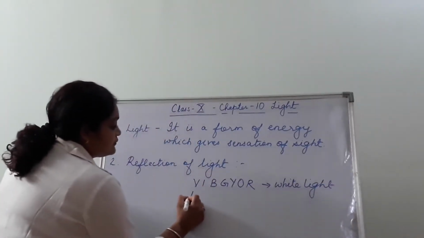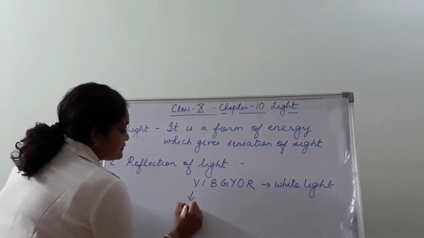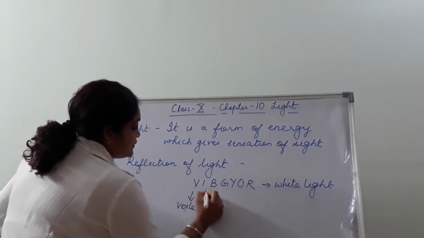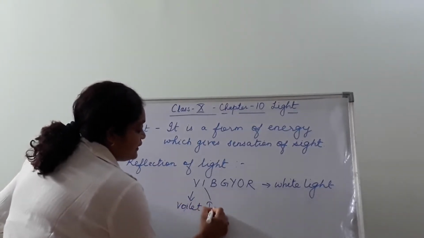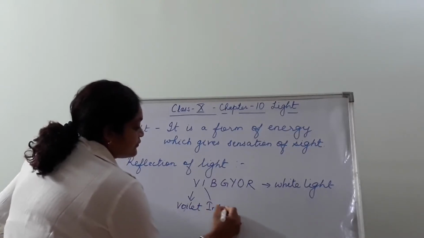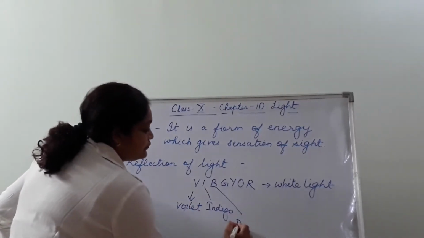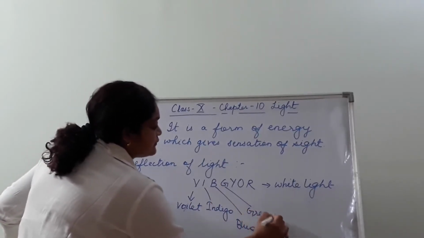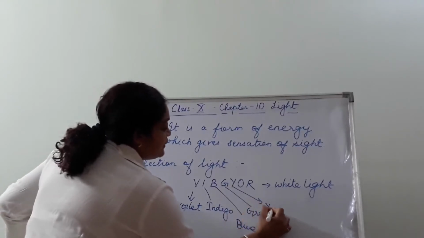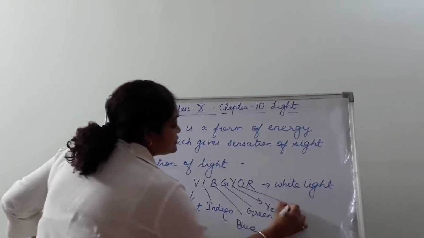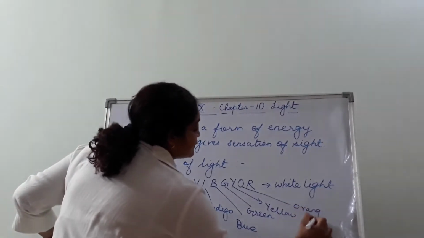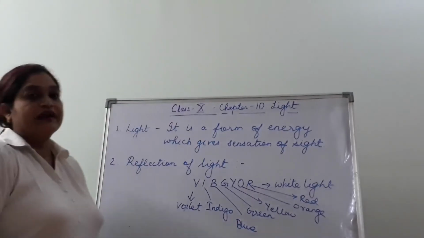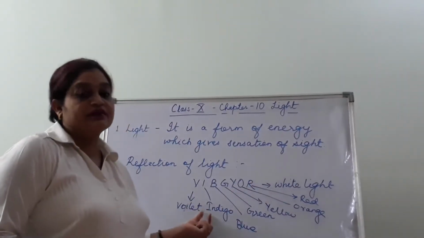V stands for violet, I stands for indigo, B stands for blue, G stands for green, Y stands for yellow, O stands for orange, and R stands for red. So white light consists of 7 colors.